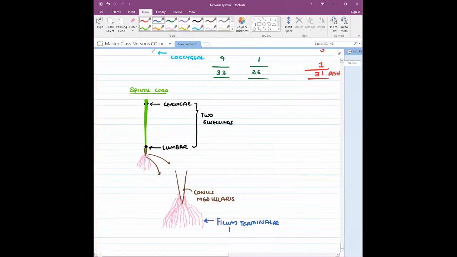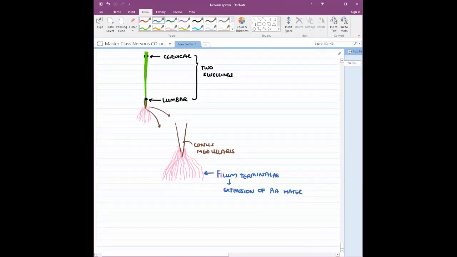Remember this: it is nothing but an extension of pia mater. That is what we need to know with regards to the initial part of your spinal cord.